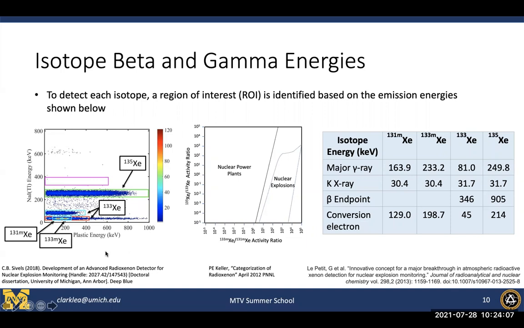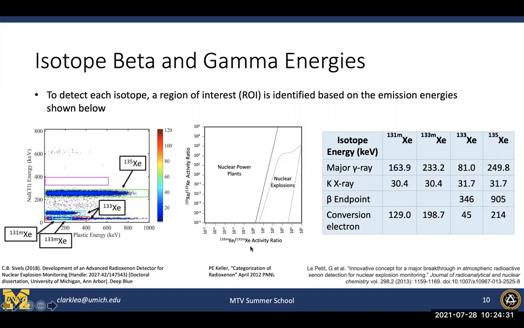And another type of technology that the CTBT uses for radioxenon detection are these isotopic activity ratio plots. These are very important to distinguish between different types of signatures, whether they come from nuclear explosions, for example, or something like a nuclear power plant.